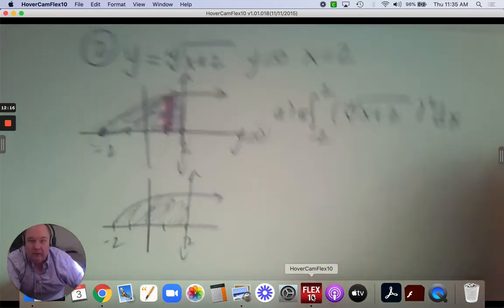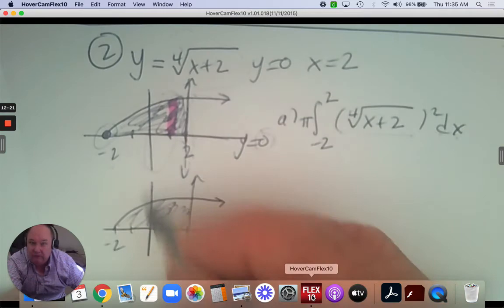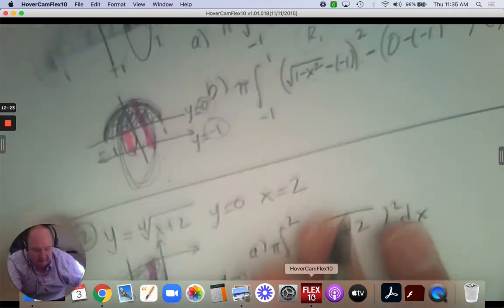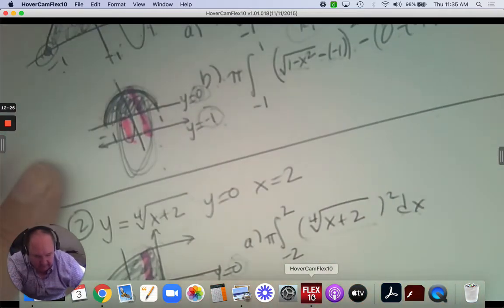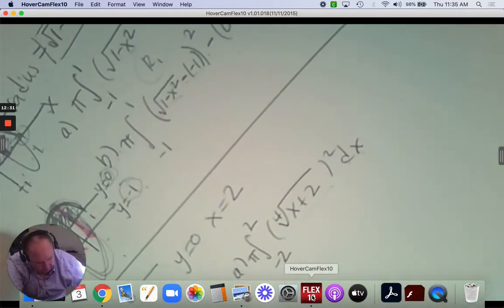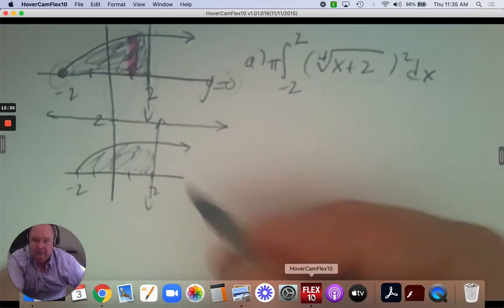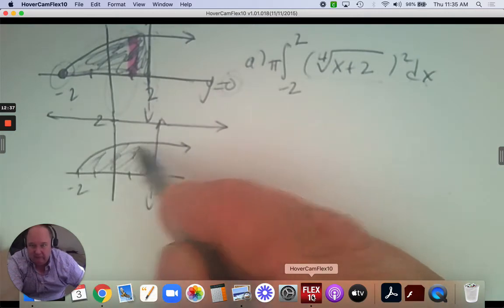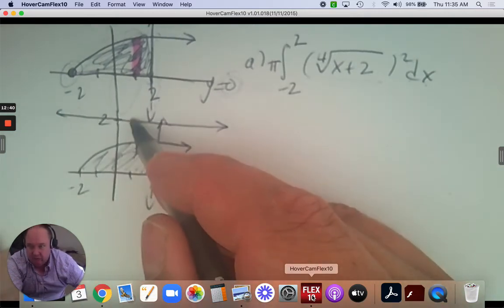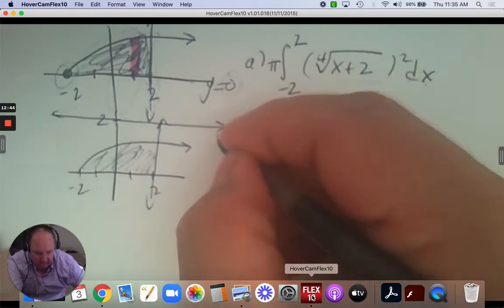If I plugged in 0 for the y-intercept, 2 is above this area. It doesn't matter how far above the area; what matters is that there's a space. There's a space between this area and y equals 2, so that tells me there are 2 radii involved.